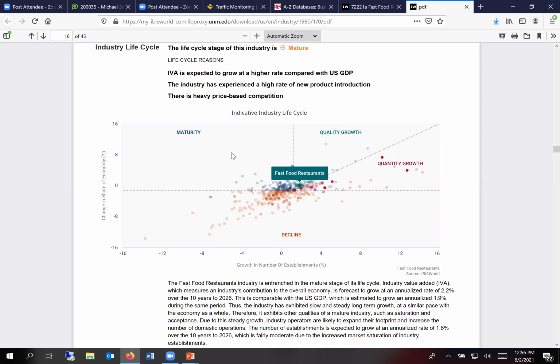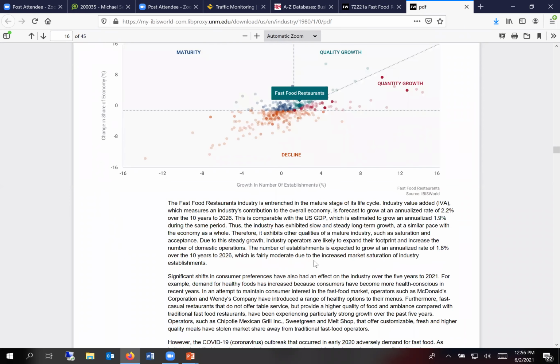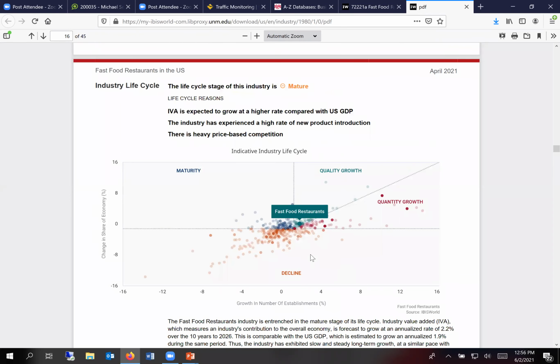Competition is probably fierce. And businesses in the decline stage are businesses like copy shops. Remember Kinko's back in the day? These are businesses that are either going to decline, there are going to be fewer starting than are closing, in other words. Probably won't want to put my money into that market.